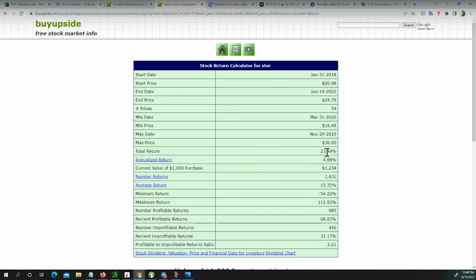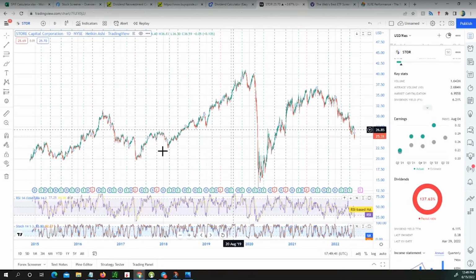Okay, they're doing 23% total return. Annualized is 4%. Something doesn't make sense. $1,000 grows to 1,200. I'm assuming maybe they were making losses some time back. That's why they're now paying more in terms of dividends when they started making profit.